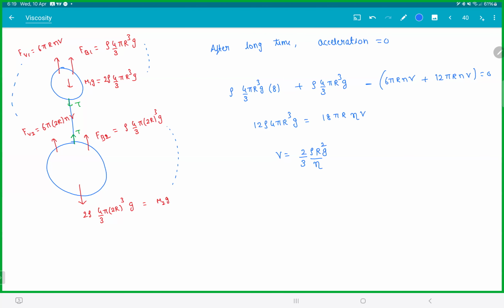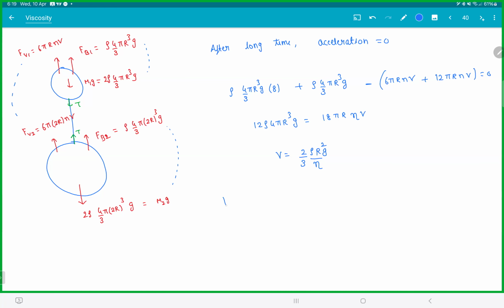After that, it's just a matter of adding it up. I hope I didn't mess up any calculations though. Clear? How to find tension? Take the FBD of any one ball.